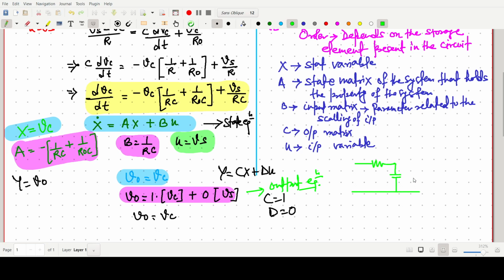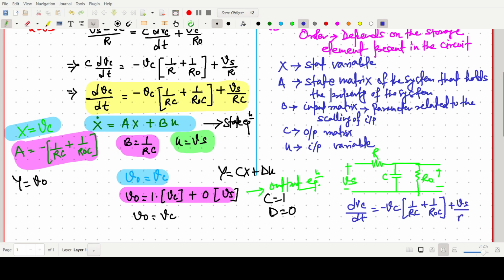The final output you can write: if this one is R naught, R, C, and this one is our Vs, the equation is dVc by dt equals minus Vc times 1 by RC plus 1 by R naught C, plus Vs by RC. And V naught equals the output function.